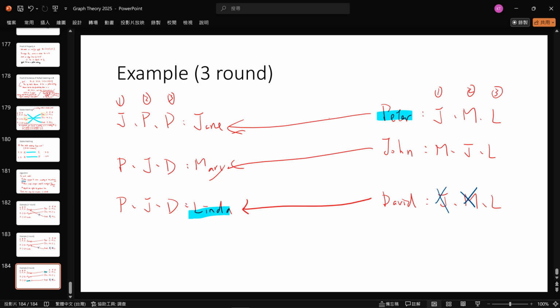So definitely Peter is better than David from Linda's eye. So we have satisfied the first constraint. Now for Peter, what about Peter's favorite is Jen? So the second constraint is not satisfied. So this is not an unstable pair.